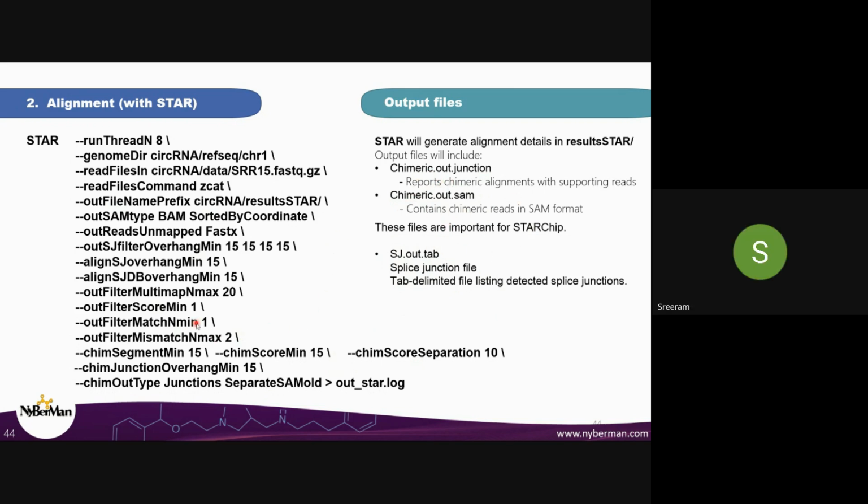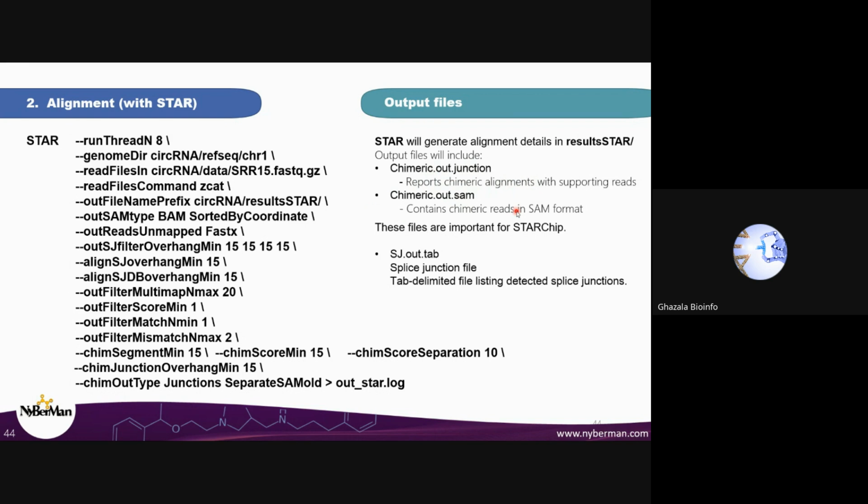What is the difference between these two files, the junction file and the SAM file? The junction file has the information about all the chimeric alignments, that is, the chromosomal location of your alignments and the reads. But in the SAM file we have the data in tabular format.